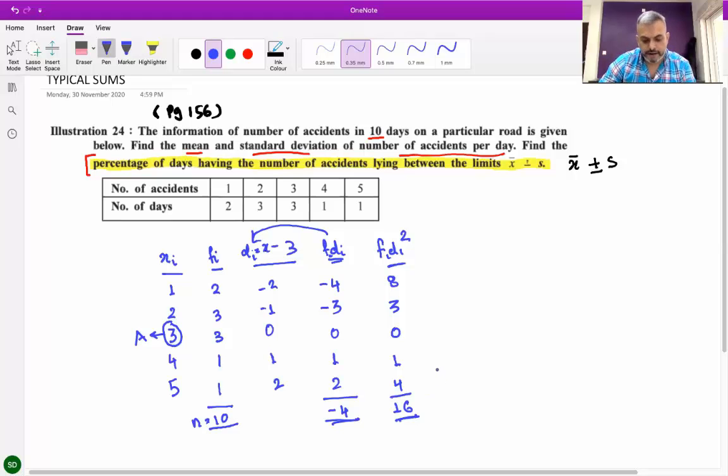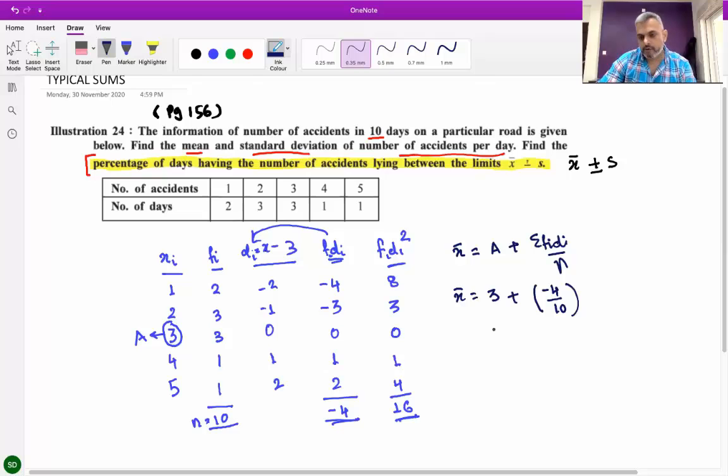Now we have to find the mean and the standard deviation. So mean x bar is equal to, because we are using the shortcut method, a plus sigma fi di upon n. So 3 plus minus 4 upon 10.